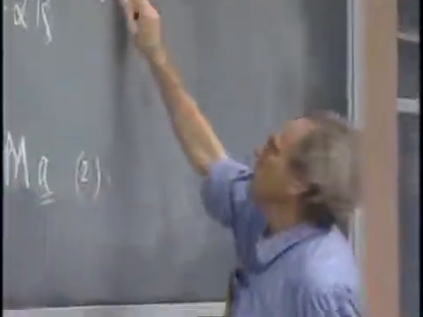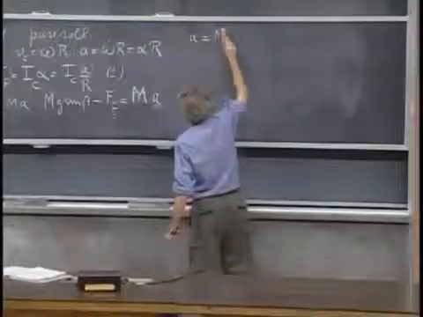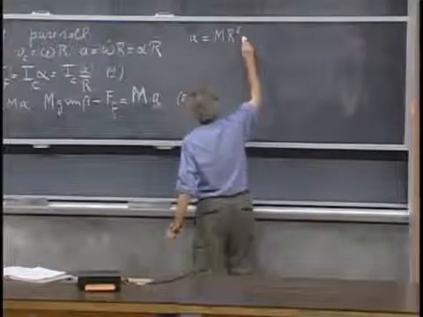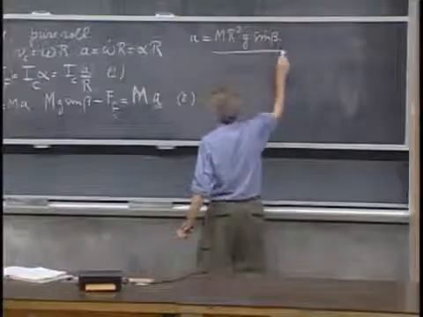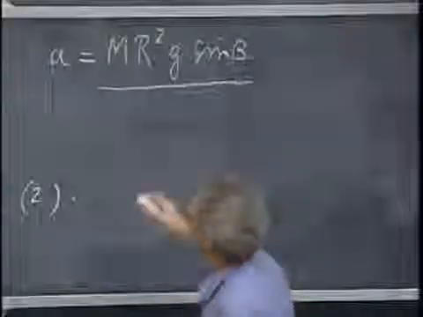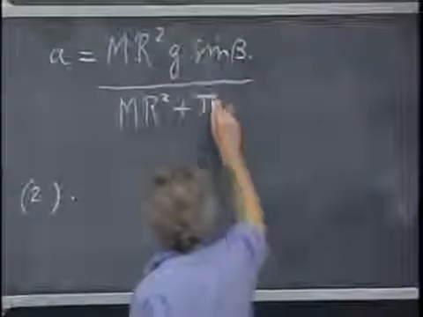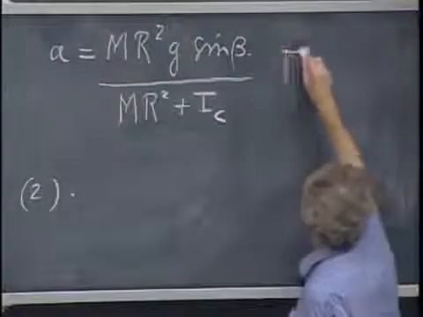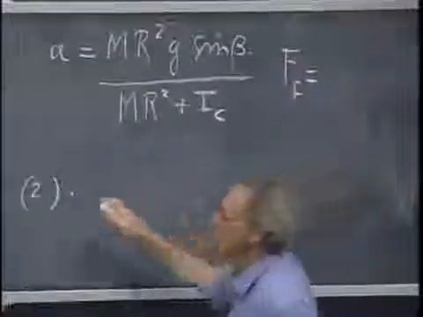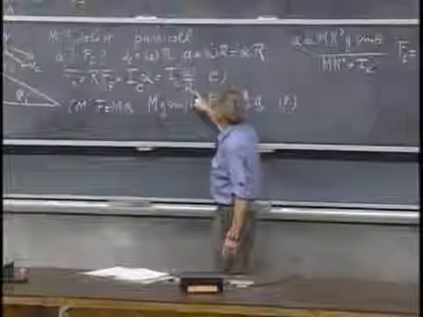A, the acceleration, under the conditions of pure roll, but only under the conditions of pure roll, equals mr squared times g times the sine of beta divided by mr squared plus the moment of inertia about that point C. And the frictional force, you can see that from this equation, is the moment of inertia times A divided by r squared.